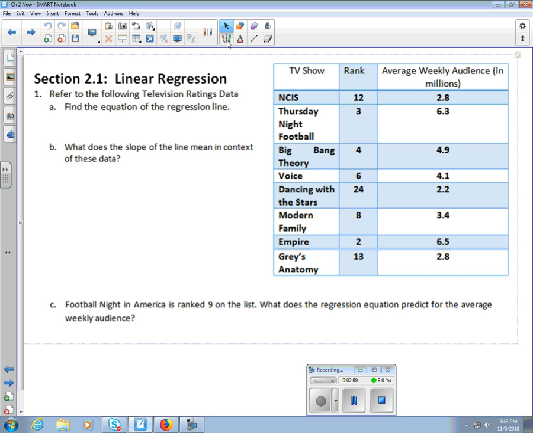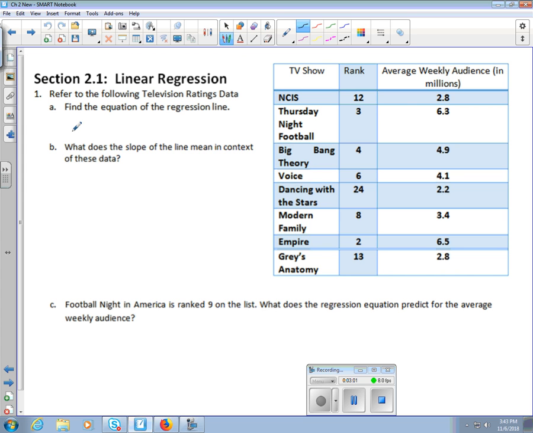So therefore, for the equation, sometimes the board doesn't always like to write. So let me erase, because it can be a pain sometimes.